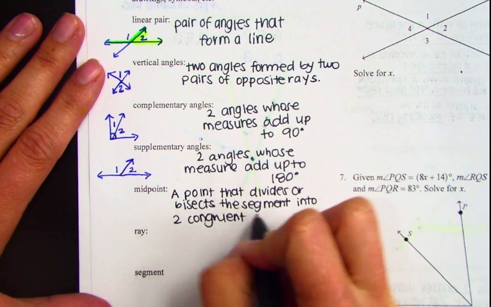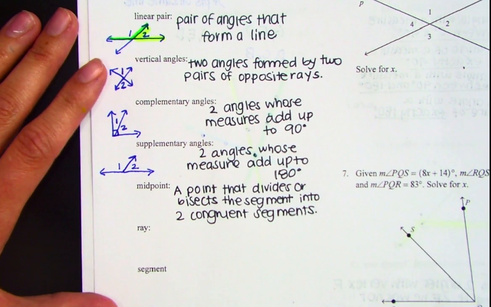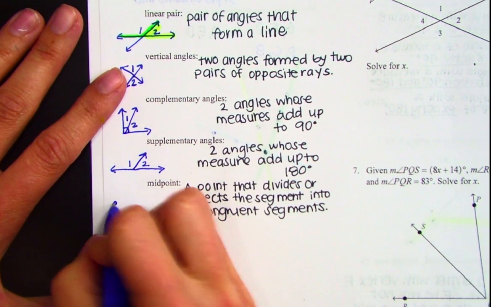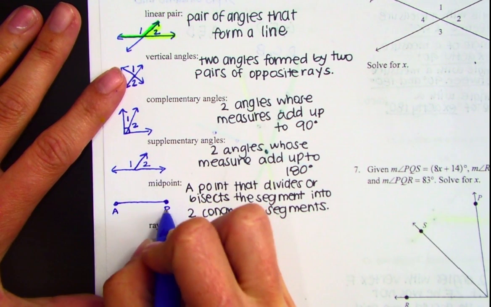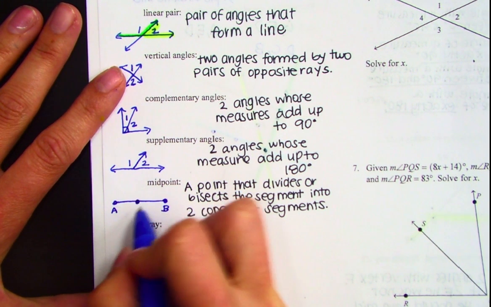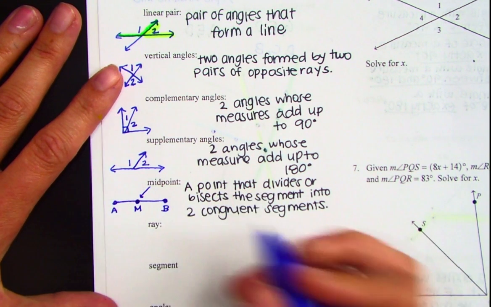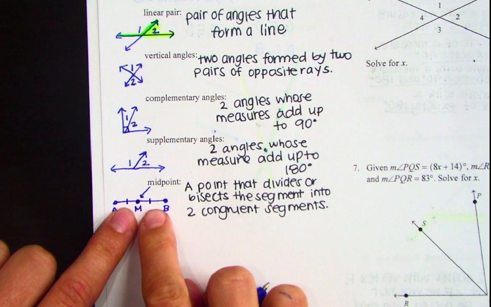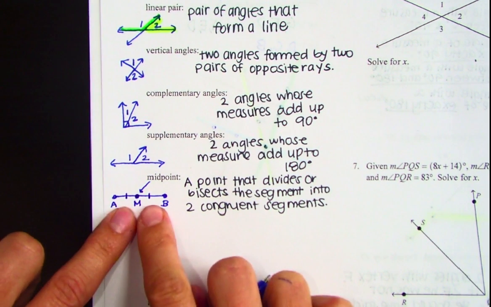Two congruent segments, or two equal segments, or segments in equal length. So an example of that would be if I had this segment, we'll just call it AB. Okay, if we had right here in the middle, our midpoint M, that is our midpoint. And we can show that using this little tick mark here to show that these two segments are equal. So this entire segment was divided into two congruent segments.